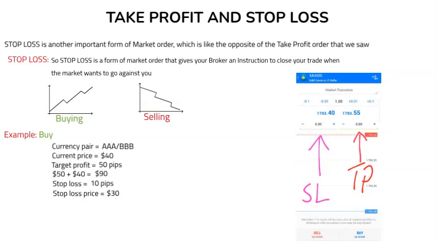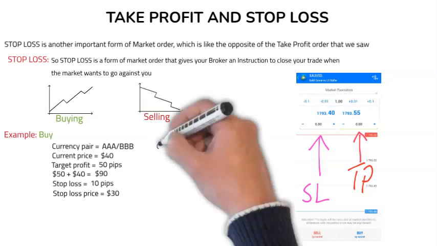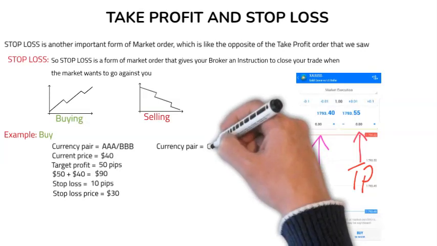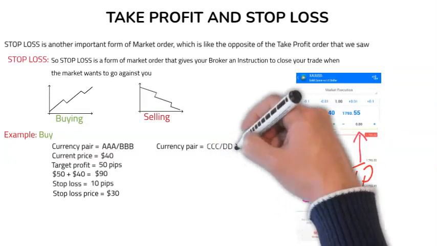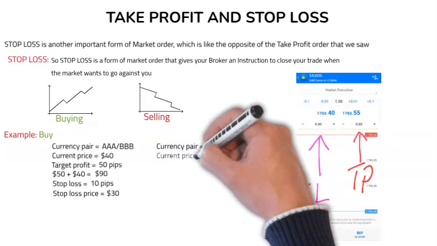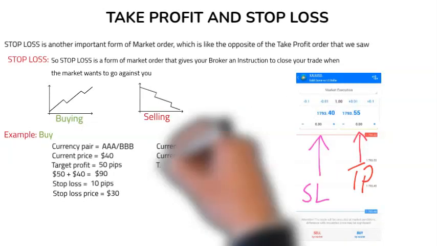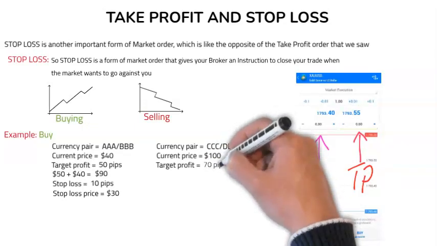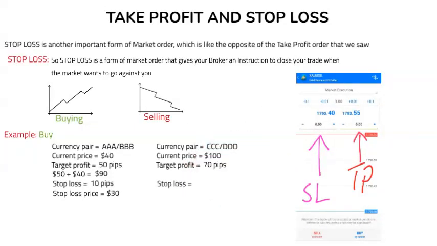Let me give another tentative example before we use real charts and see examples. Let's say I want to buy a currency pair CCC and DDD, and the price is at $100, and I want a take profit of 70 pips and a stop loss of 20 pips, meaning I don't want to lose more than 20 pips.